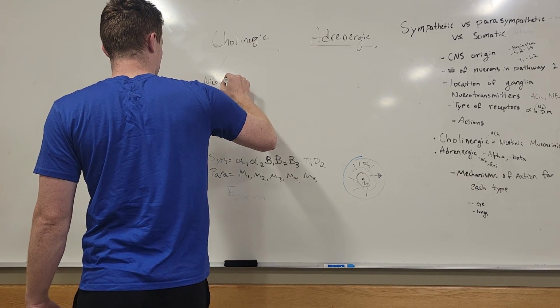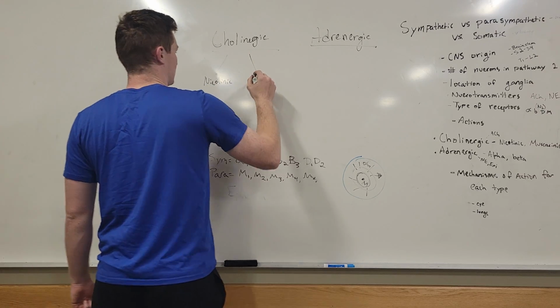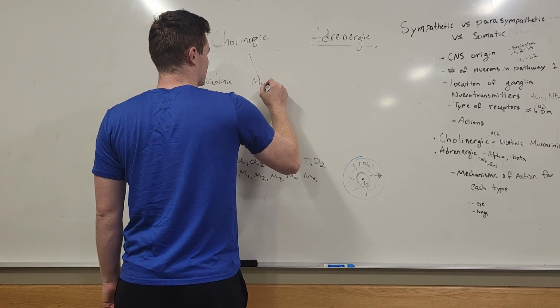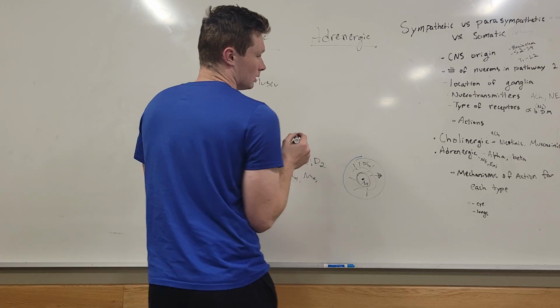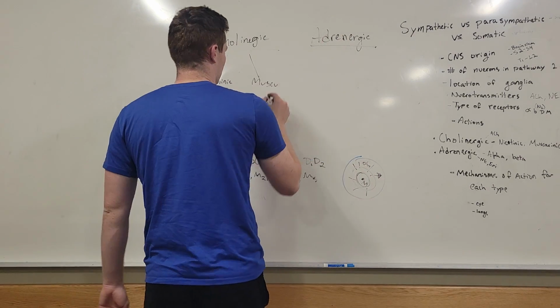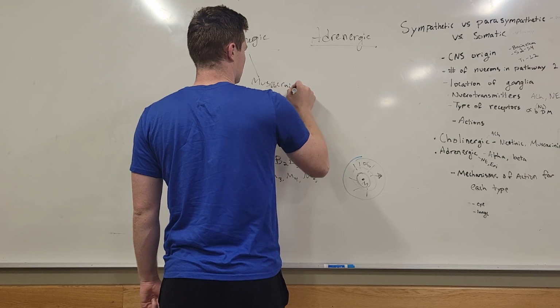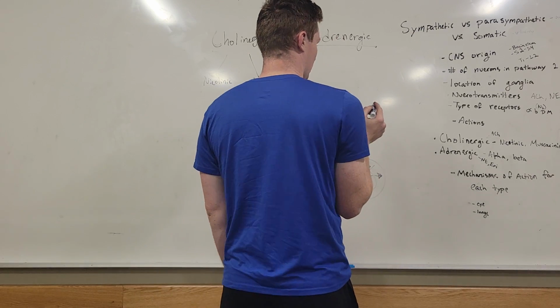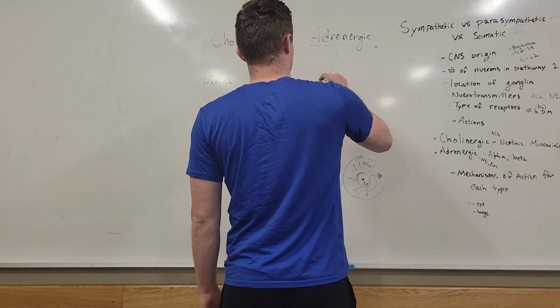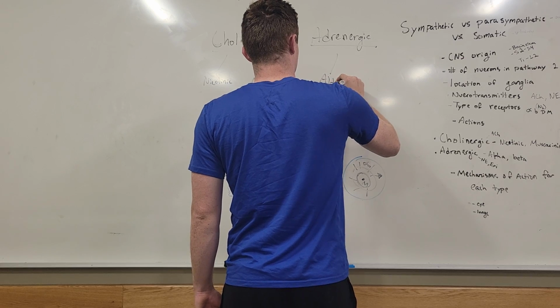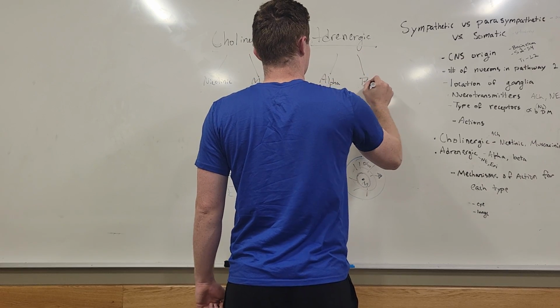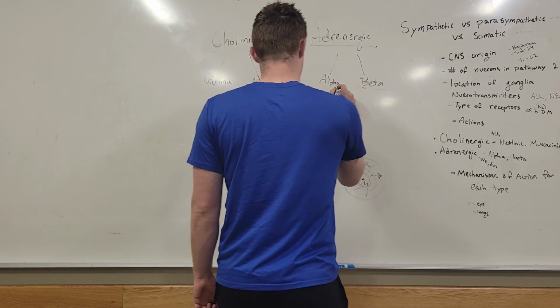Nicotinic, and then we have muscarinic. Adrenergic, we have two. It's alpha, and we have beta.